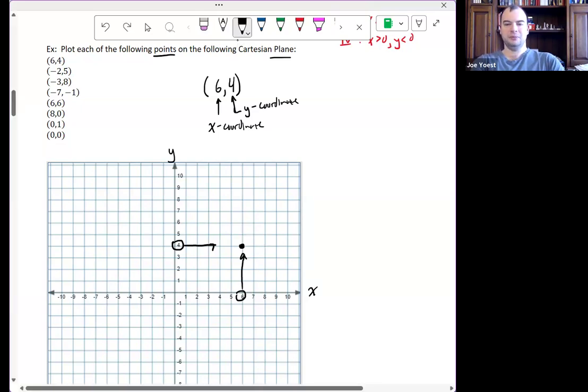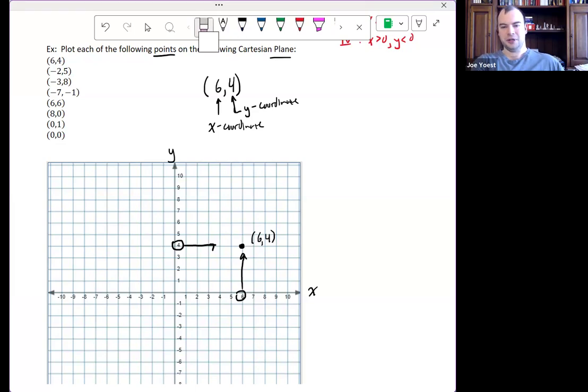Usually we would just plot the point there and be done with it. But I will label them because we're getting a little more practice at plotting these points. So 6, comma 4, x equals 6, y equals 4 refers to that point on the plane.